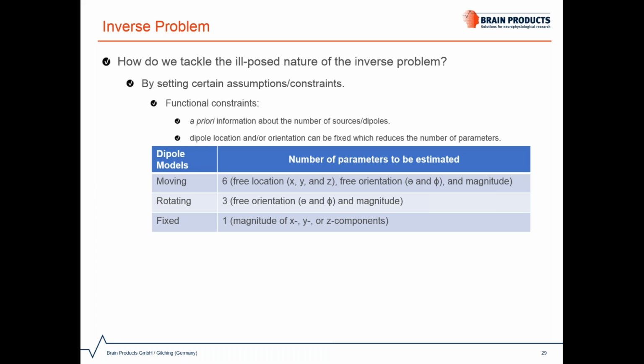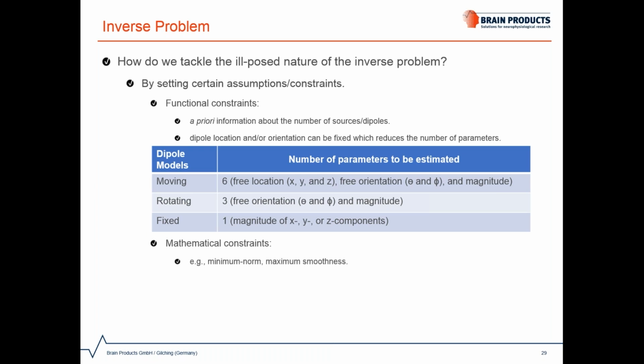However, if you assume your dipole to be freely rotating, but restrict its location to be fixed, this leads to the estimation of only 3 parameters, 2 for the orientation and 1 for the magnitude. If you even restrict the location and orientation of your dipole model to be fixed, then only the magnitude needs to be estimated. So, functional constraints are constraints applied on the dipole model.